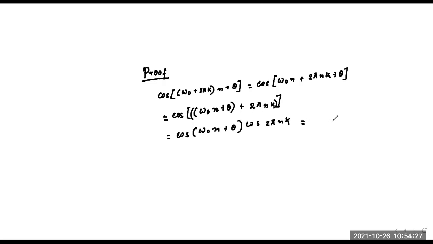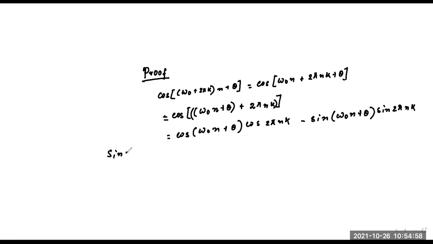minus sine of (omega 0 n plus theta) sine of 2 pi nk.